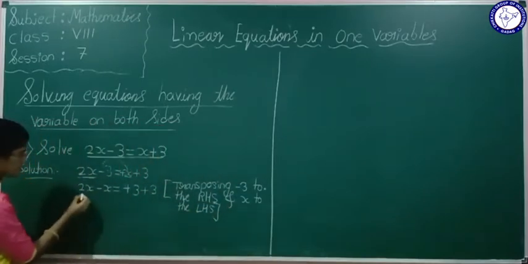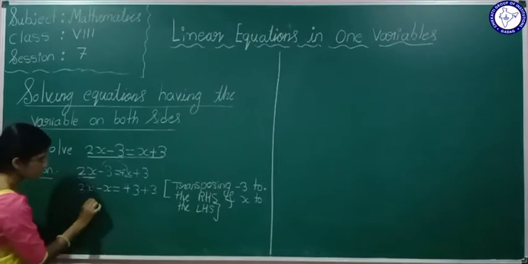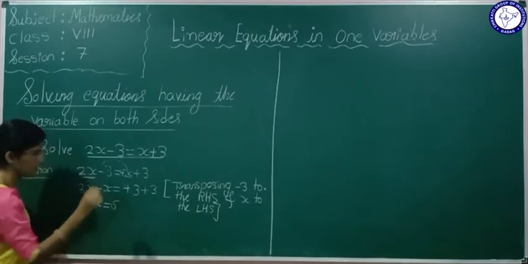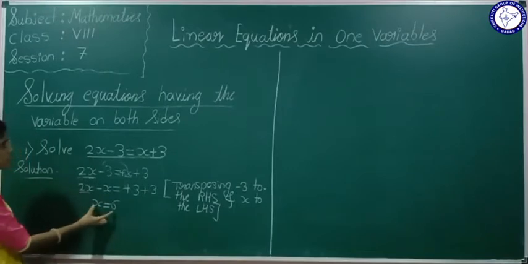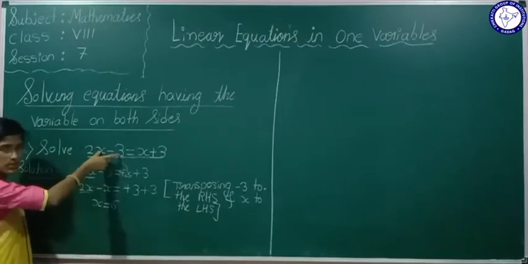Now solve this. 2x minus x is x, is equal to 6, since 3 plus 3 is 6. So this is nothing but the solution of this equation.